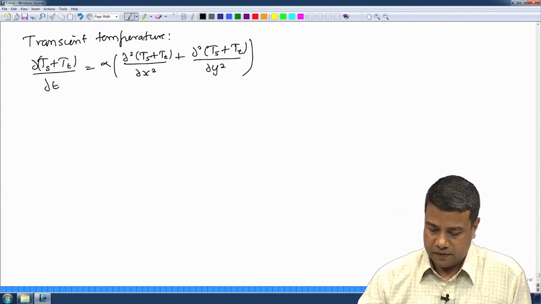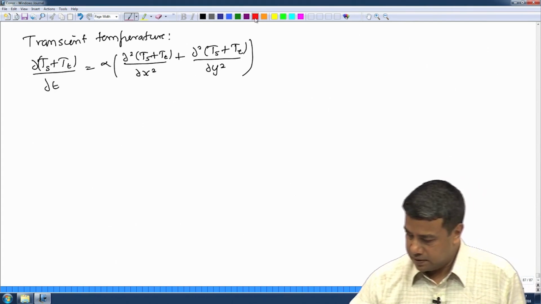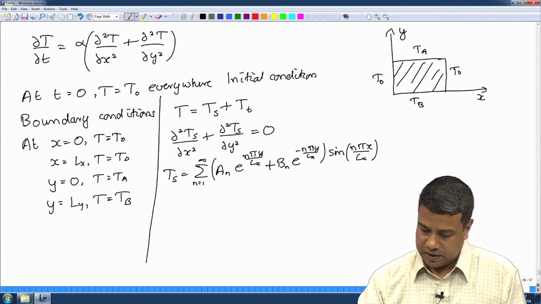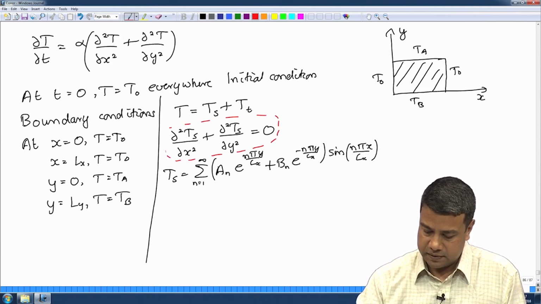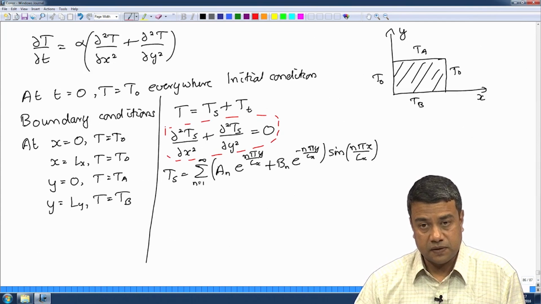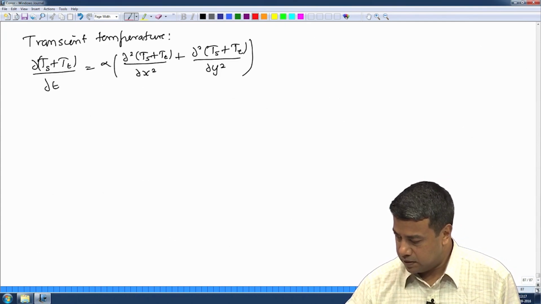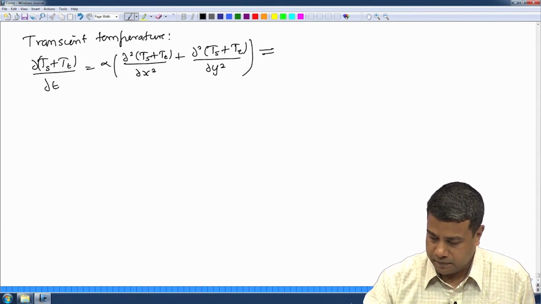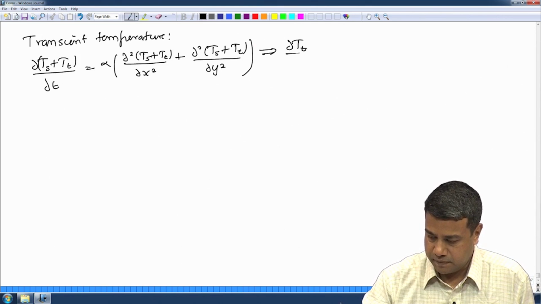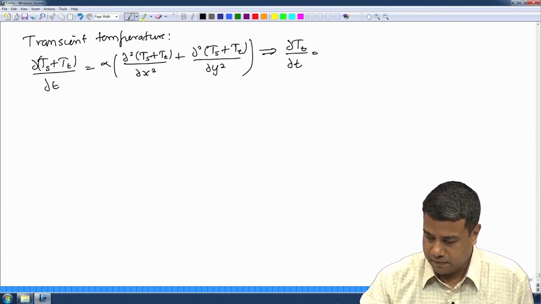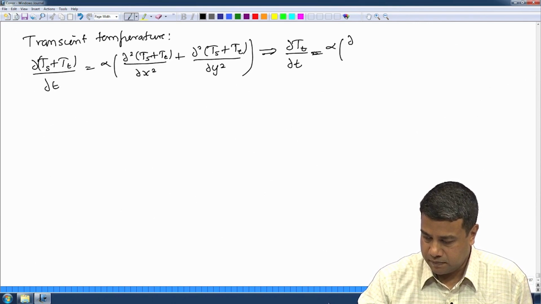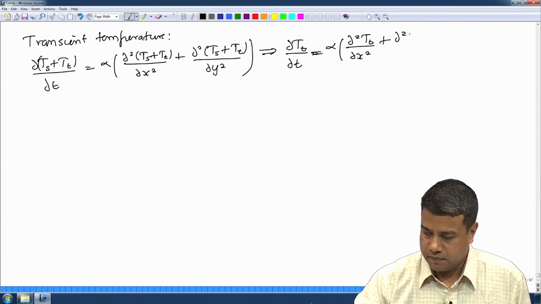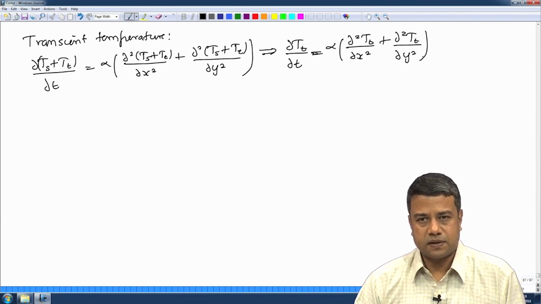For the steady part alone, we have already solved the equation, where this is equal to 0, and the steady part is independent of time. Therefore, the equation for the transient part will end up the same. So, that is the equation for the transient part.